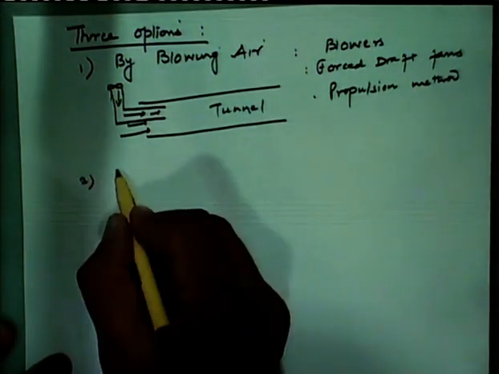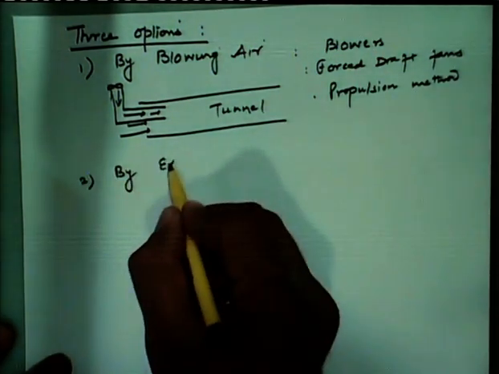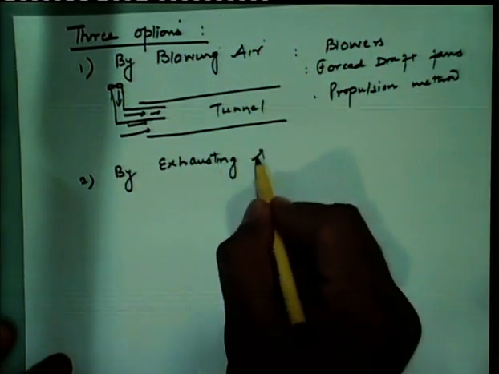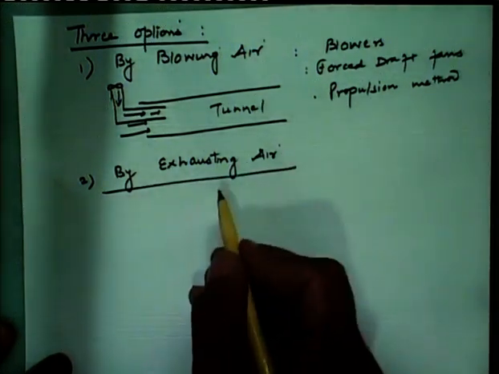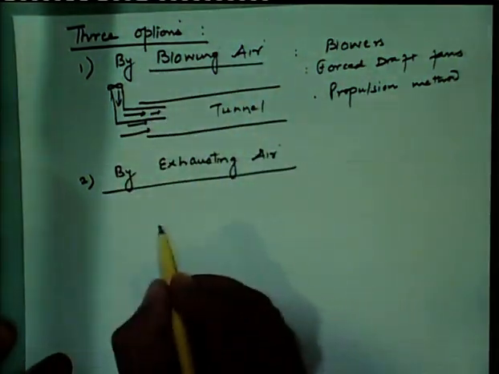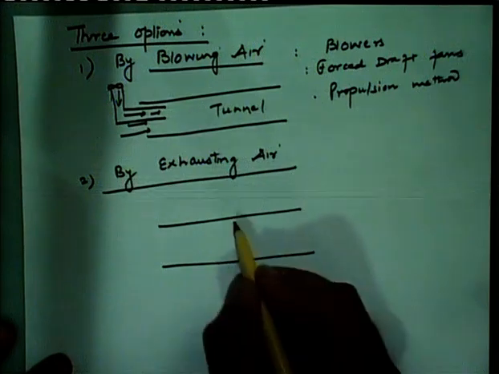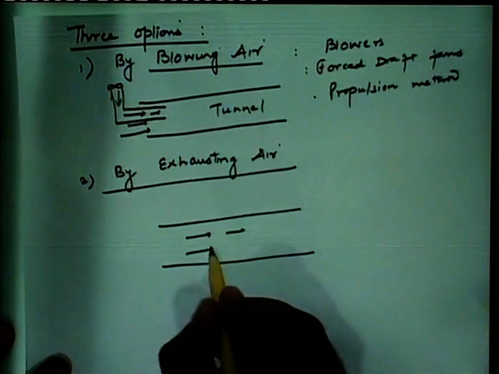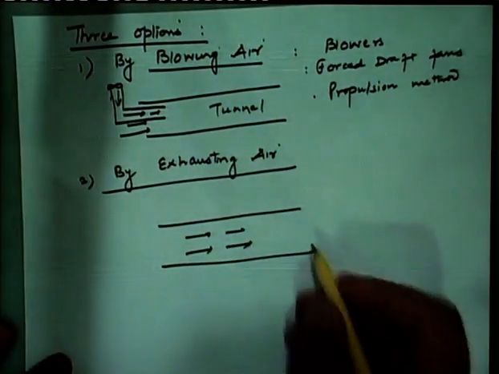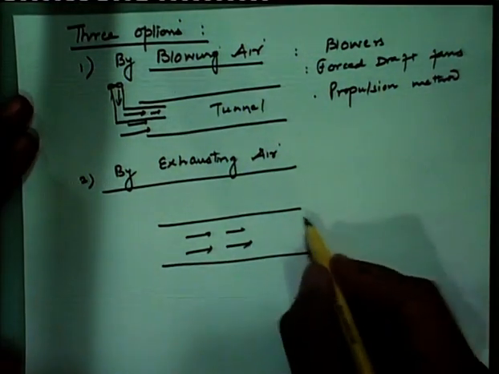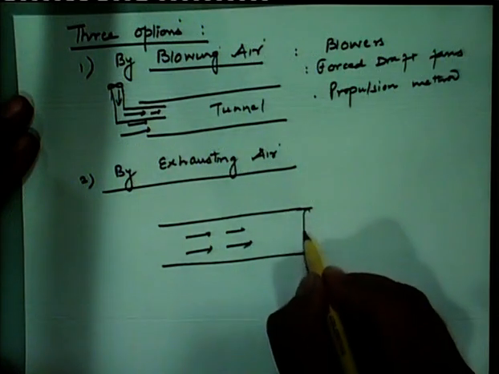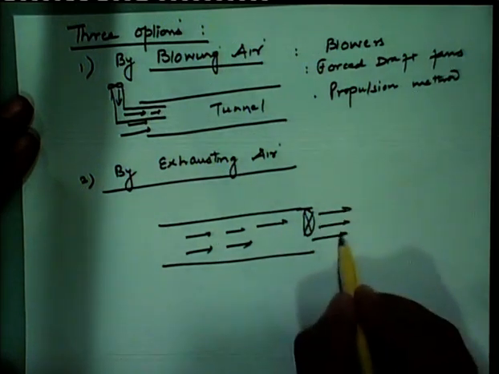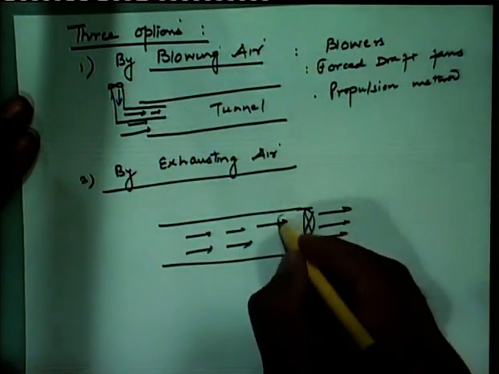The second method is by exhausting, the reverse of it, by exhausting air. Suppose this is a tunnel and it has a lot of poisonous gas. I can exhaust this by providing exhaust fans at inlets or outlets. So this can be exhausted outside the tunnel, and you see some vacuum is created here.